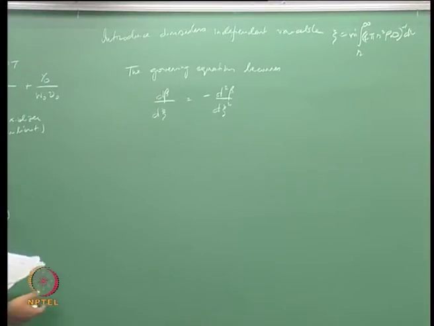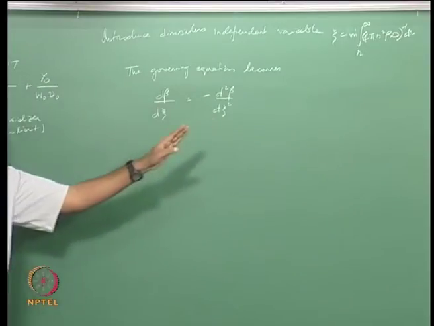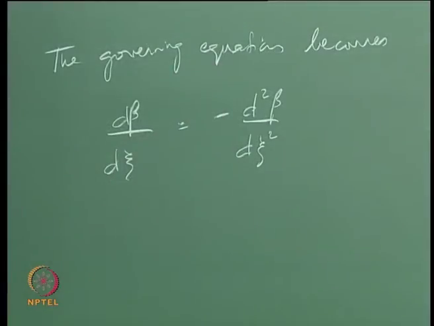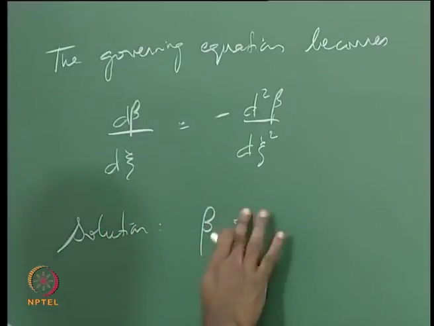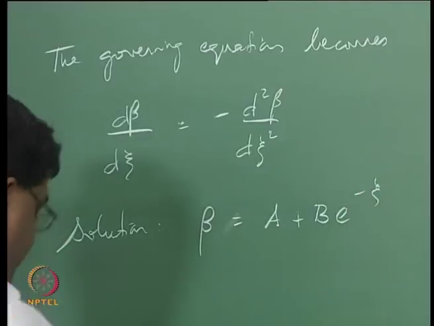And so essentially this is d squared beta by d psi squared plus d beta by d psi equal to 0, right. So this is a linear second order ordinary differential equation for which we know how to write the solution. The solution is beta equal to a plus b e to the minus psi.